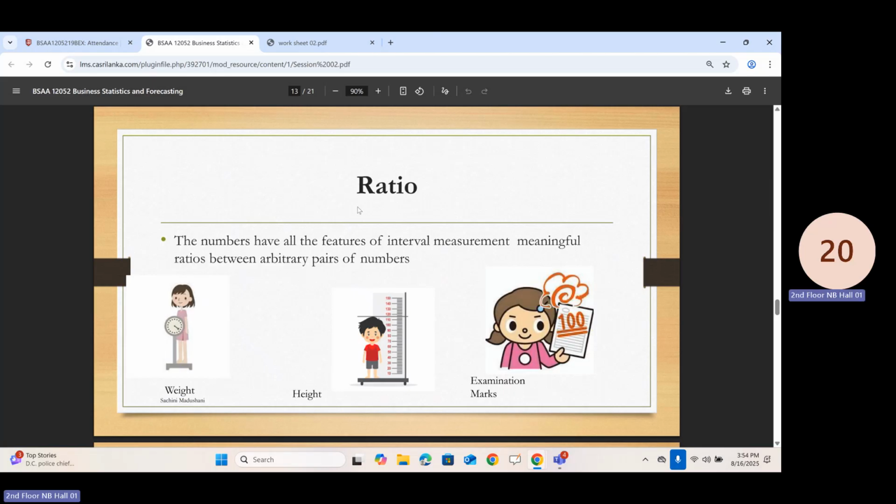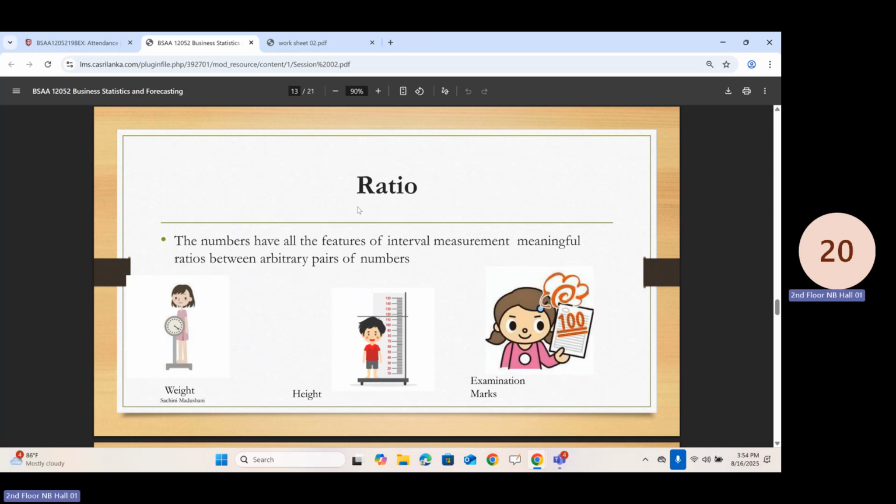In the interval scale variable, there is no true zero point, but in the ratio scale variable, there is a true zero point. Absolute zero is there.